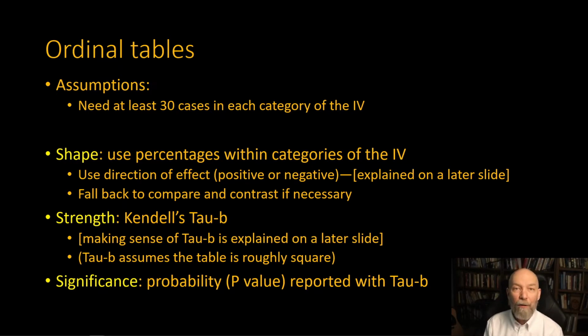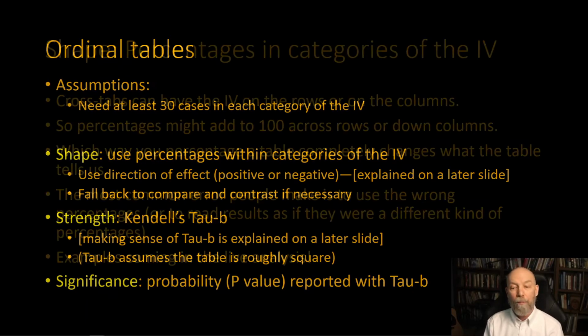But if you find that you have a table that has lots and lots of categories in one variable and only a few categories in the other, you're going to need to not use tau b, and you're going to have to think about whether you should take that variable that has many categories and collapse them together into a few categories so you get a table that's roughly square.